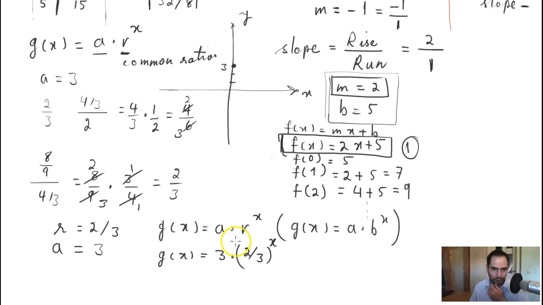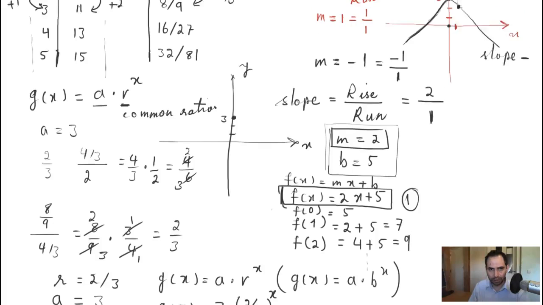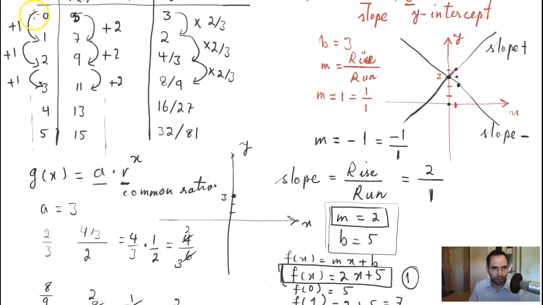And for example here, if x is equal to 0, g of 0 becomes 2/3 raised to the 0th power, which becomes 1, and then you're left with 3, which is basically this output here, 0, 3. If your x is equal to 1 here, your output is 2.